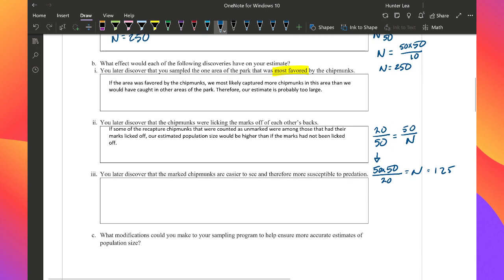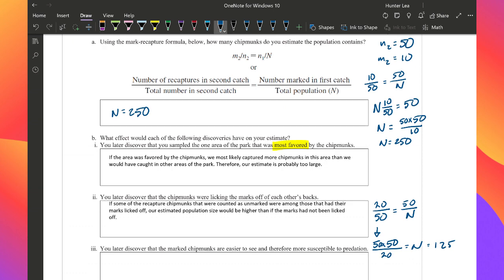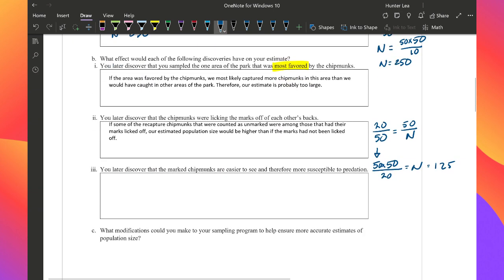That's going to change our number again so that it looks more like this one, but it'll be even smaller than in the first problem. It'll be like 5 out of 50 maybe. And so in that case, once we rearrange this equation, we're going to have an even greater artificially inflated estimated population. So again, in other words, if more marked chipmunks are captured by predators, we would recapture fewer marked chipmunks than we should. So let's go ahead and type that.